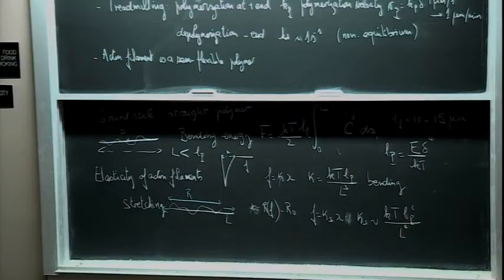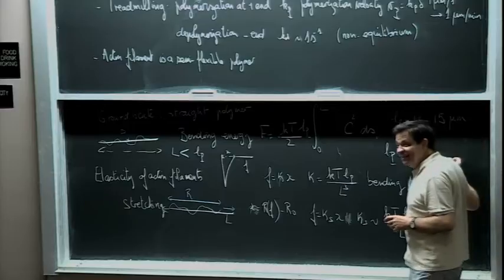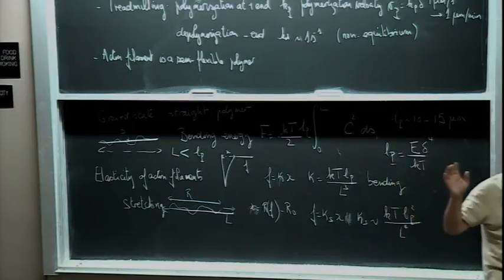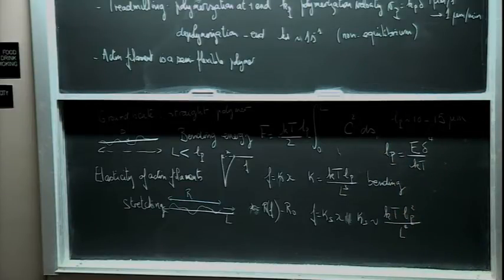For instance, second homework, this one is trivial. You can calculate the persistence length of a spaghetti. How much should I find? A small number or a large one? Sorry? It depends on the cooked. Or uncooked. Dry. Oh, doesn't matter.